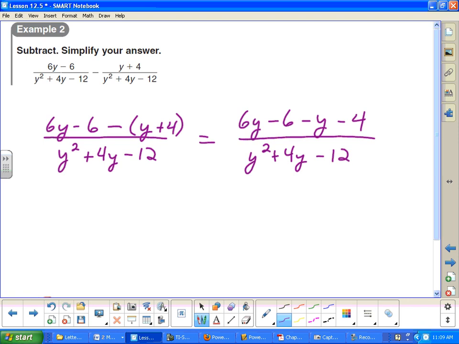So I have to make sure that I distribute this negative sign so that it changes all the signs in this part of the expression. So when I simplify the numerator, we have 5y minus 10 over y squared plus 4y minus 12.